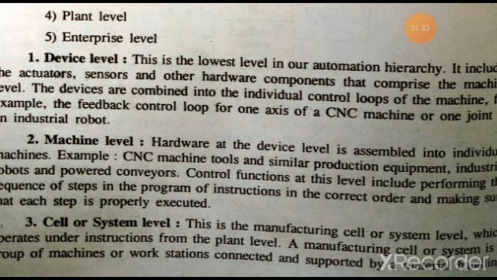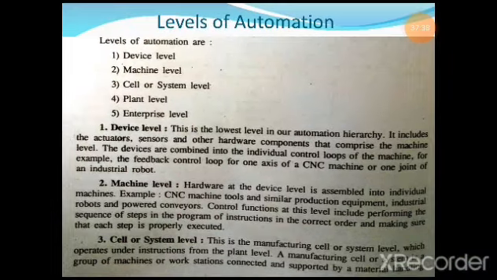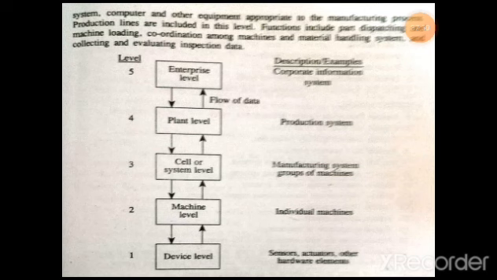The manufacturing cell or a system is a group of machines. So what is the meaning of a cell or system level that we are describing? Here, a manufacturing cell or a system is a group of machines or workstations connected and supported by a material handling system. So that means cell or system level consists of different types of automatic machines. Remember, in a correct layout where the automatic material handling system is used.